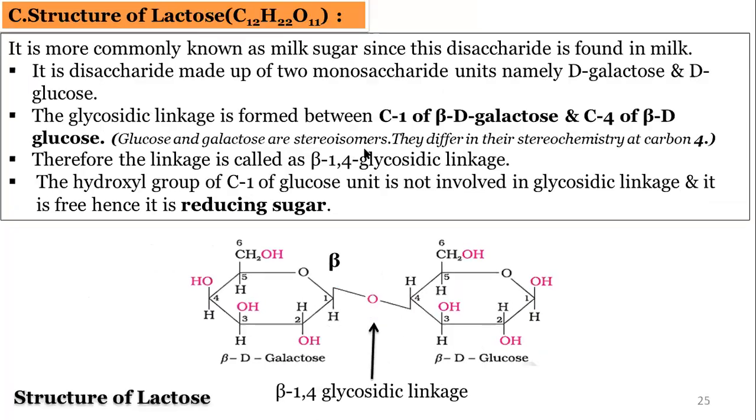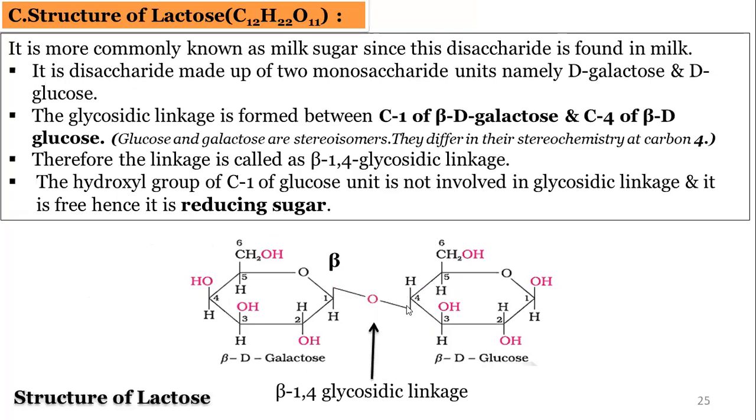In case of lactose, also called milk sugar, see the linkage, this is 1,4. Galactose and glucose have the same molecular formula, but their structures differ only at carbon number 4.